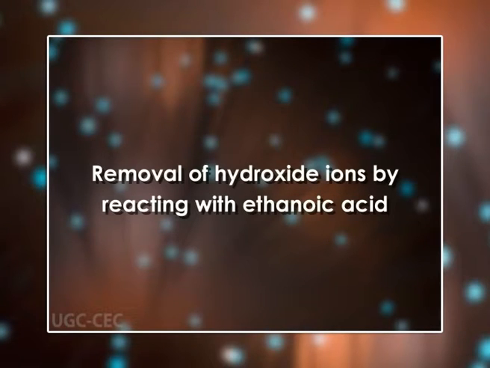The first process is removal by reacting with ethanoic acid. The most likely acidic substance which a hydroxide ion is going to collide with is an ethanoic acid molecule. They will react to form ethanoate ions and water. Because most of the new hydroxide ions are removed, the pH doesn't increase very much.